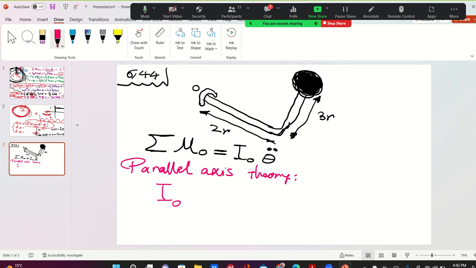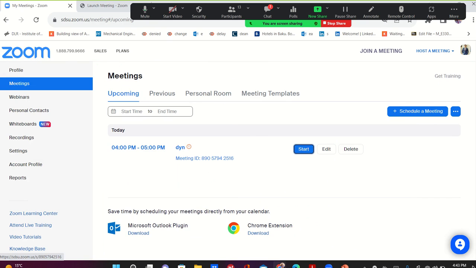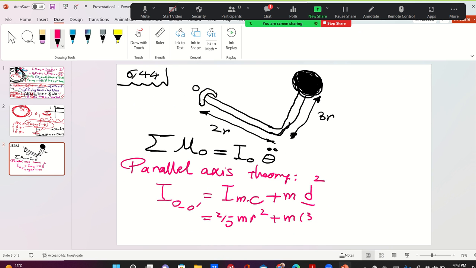I around point O or O prime is I around its mass center plus m times the normal distance between the two axes squared. This was 2.5 mr squared. What is the normal distance between the two axes? Look here, how much is that? 3r. That's right? Okay, so it's going to be 3r squared. Good.